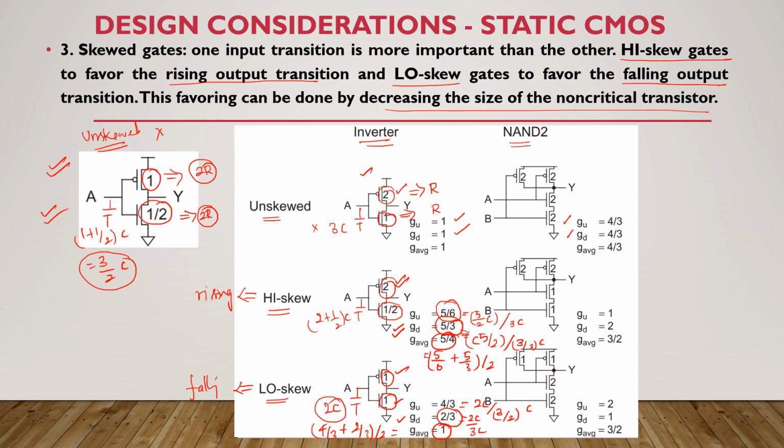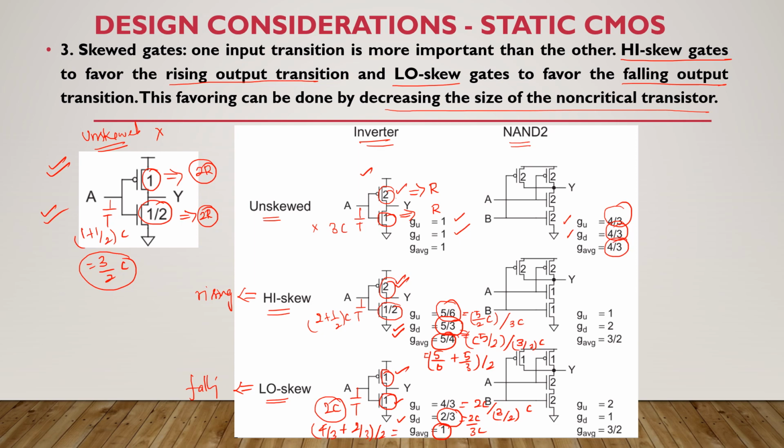Similarly, for the NAND gate, I will explain how to calculate the logical effort. So this is the unskewed NAND gate, right? Rising as well as falling, both have the equal 4 by 3. So it's called unskewed. The average is 4 by 3 plus 4 by 3 divided by 2, you'll be getting 4 by 3 only.